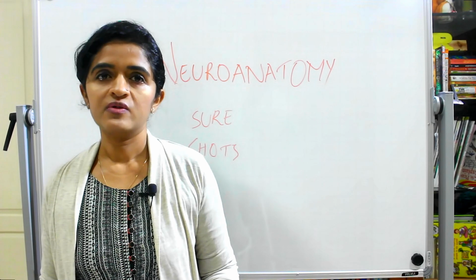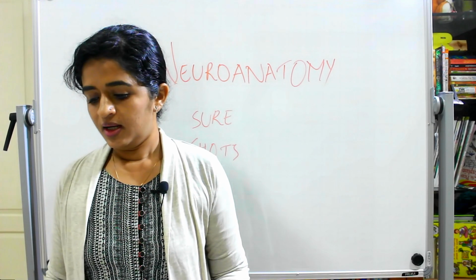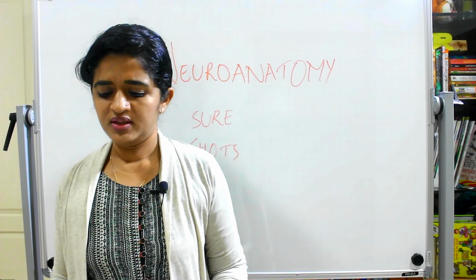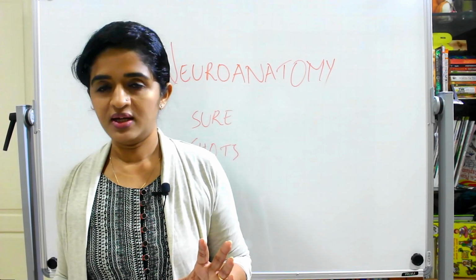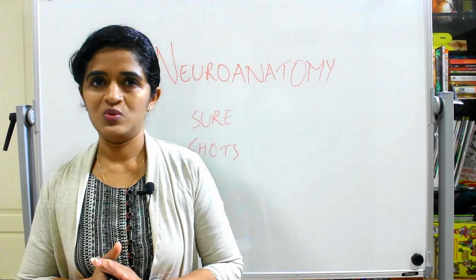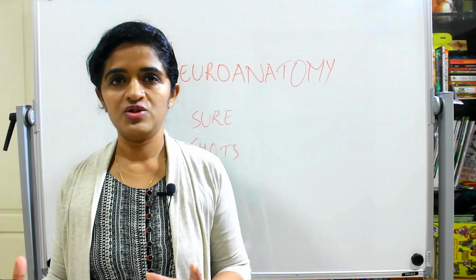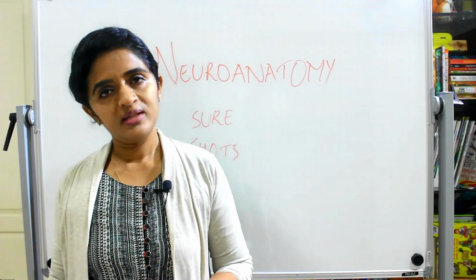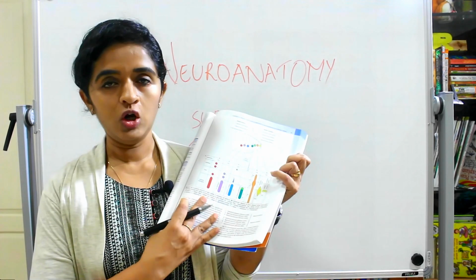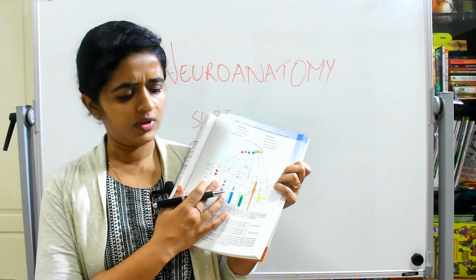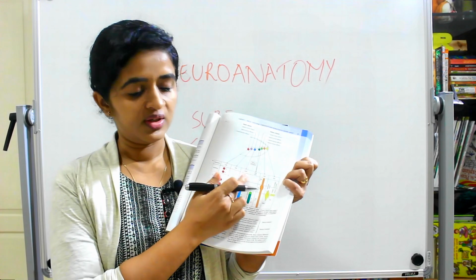Coming to the functional components, the nuclei and distribution of cranial nerves. Again, if you go with the general somatic efferent, special visceral efferent, if you haven't studied before the day before exam, then it will be very difficult for you. So always have a thorough knowledge of this chapter like the other chapters, and the day before exam I prefer you all to just focus on this diagram, because it beautifully depicts how these nuclei are arranged and what are the cranial nerve components.